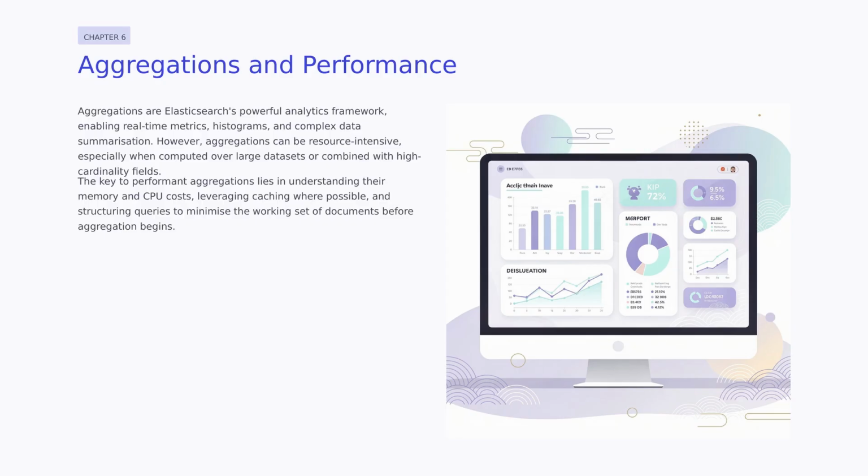To optimize performance, grasp the memory and CPU costs, utilize caching strategically, and streamline queries to reduce the document workload, using pre-aggregation. Harness the power of aggregations wisely to unlock actionable metrics and accelerate data processing efficiency. Takeaway: mastering Elasticsearch's aggregations is key to unlocking real-time analytics while optimizing resource utilization.